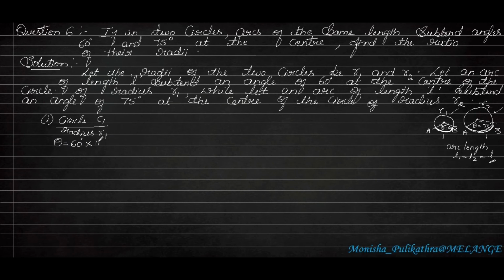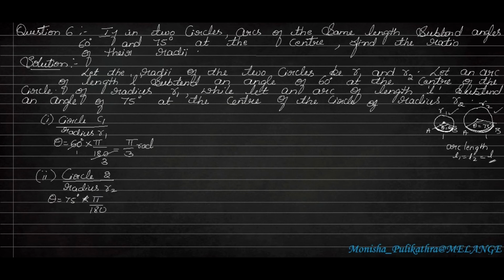We need to convert it into radians. 60 times pi by 180 is pi by 3 radian for the first circle. Next, for the second circle, circle 2, the radius is R2. Here theta is 75 degrees into pi by 180.